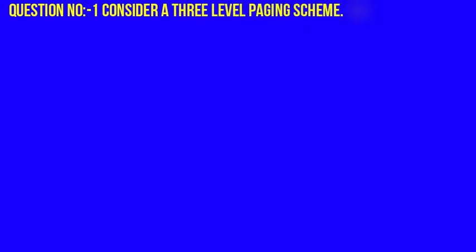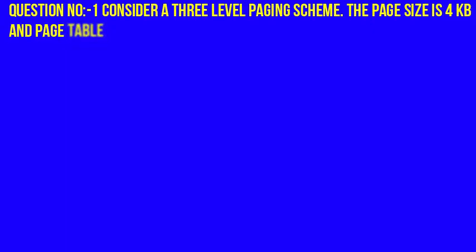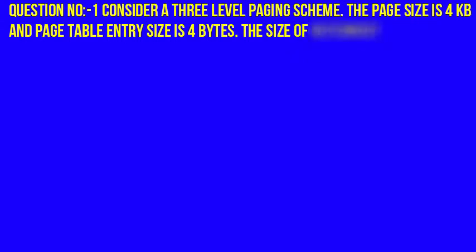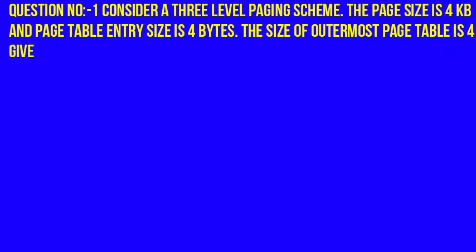Question number 1. Consider a three level page scheme. The page size is 4 kilobyte and the page table entry size is 4 byte. The size of the outermost page table is 4 kilobyte.